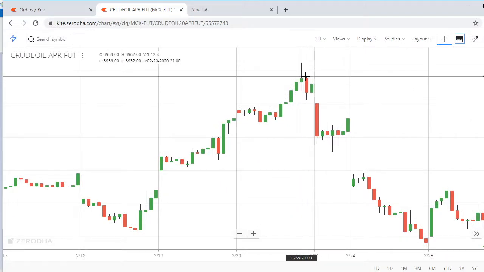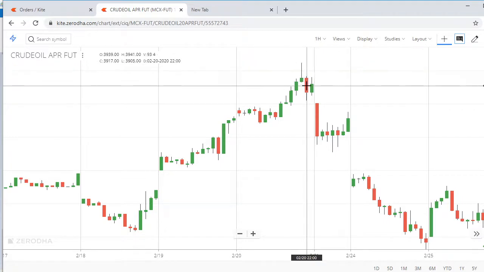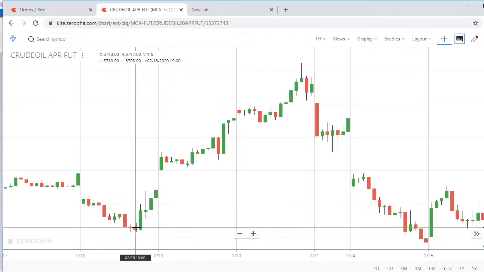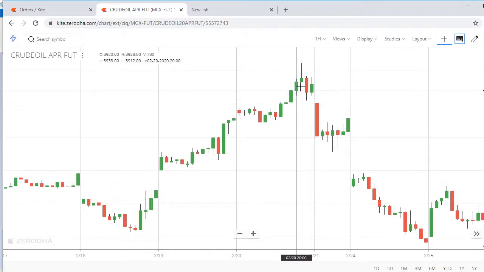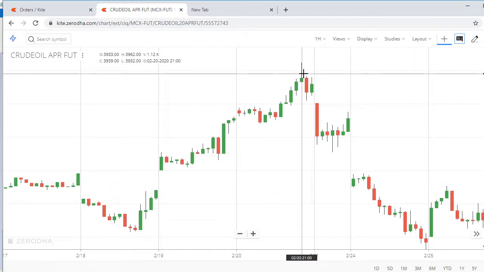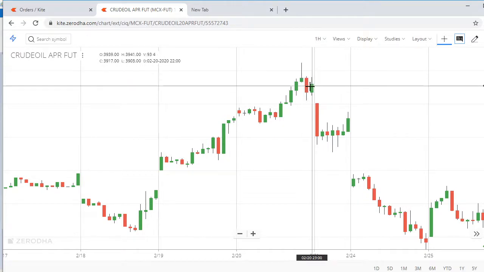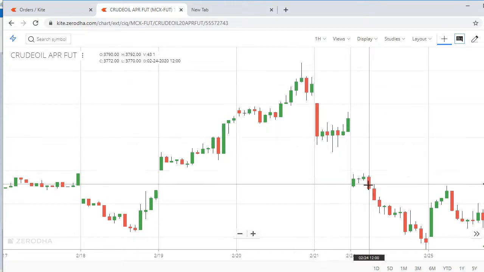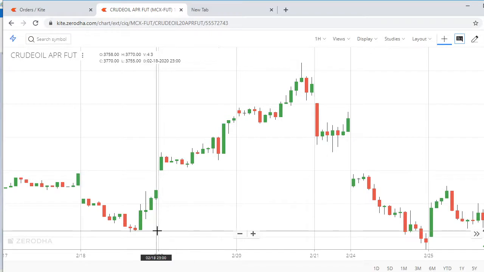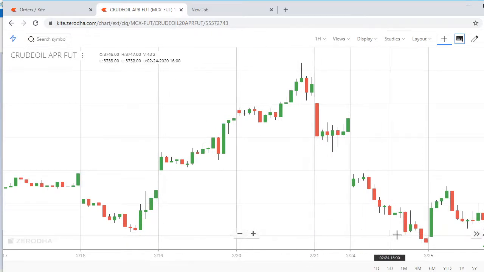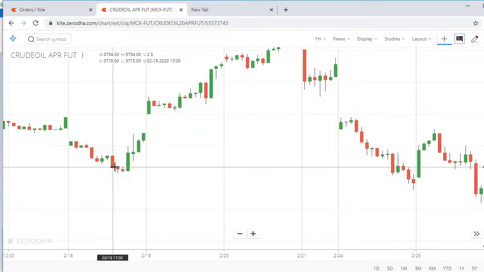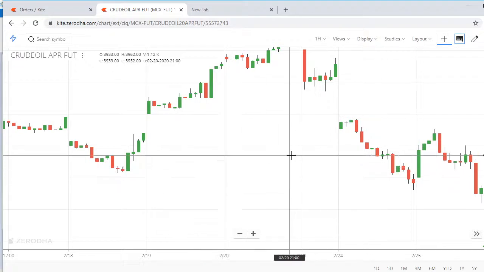A kind of gravestone doji with a small body and a wick more than twice the body, right? So the trend started uptrend, uptrend, uptrend. Now there is a gravestone doji. Then slowly it started coming down, coming down, and see, it almost touched the same level. You see that? Almost the same level.